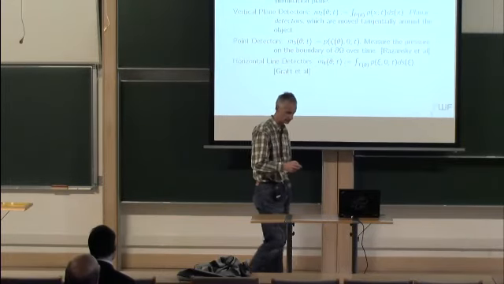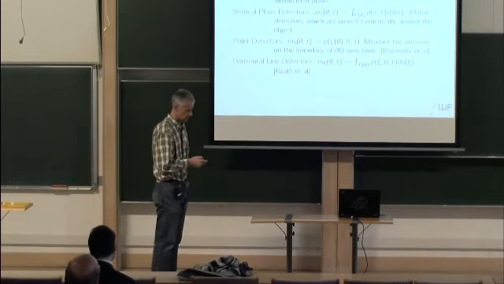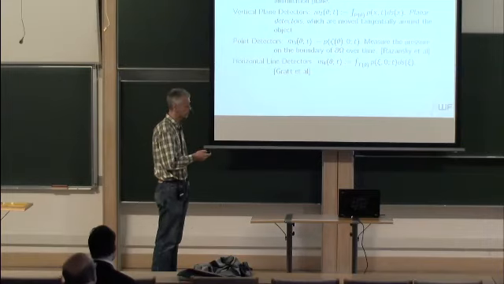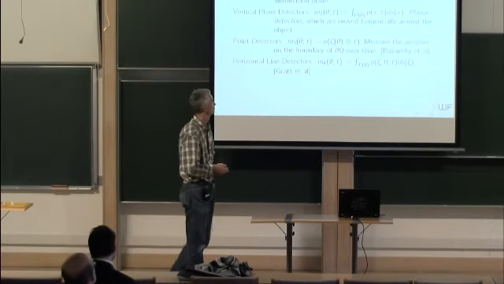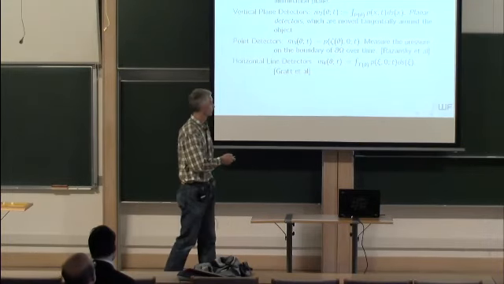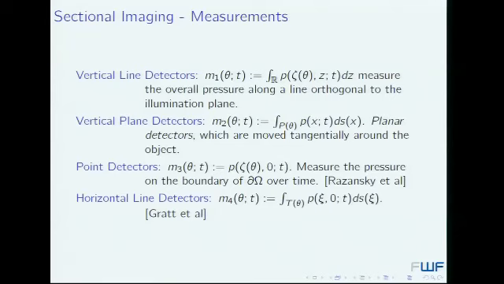And now we come to the measurements which we take. There are several possibilities which I mentioned already, which are from classical photoacoustics. You can use point detectors, which is maybe not the conventional, standard way. So you measure just the pressure.